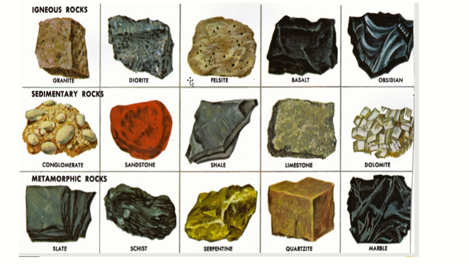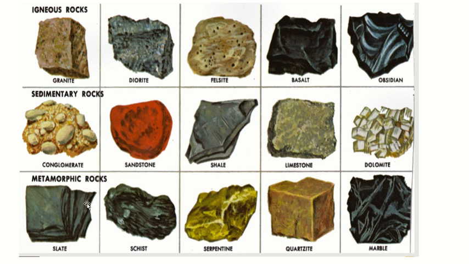These are the types and some examples of rocks: igneous, sedimentary, and metamorphic. Granite, diorite, felsite, basalt, and obsidian are primary igneous rocks. Then there is sedimentary rock, where we can identify the tracks of river flows, footprints, leaf marks, and conglomerates as evidence in the rocks.